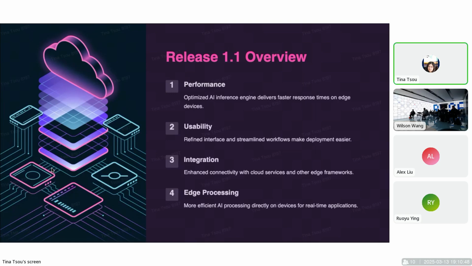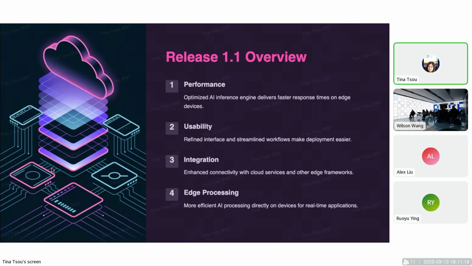On the usability front, we've refined the user experience to make the platform more intuitive and developer-friendly, so it's easier to deploy and manage AI at the edge. And for integration, we've expanded how InfiniEdge AI connects with other components and systems in the ecosystem, enabling more seamless data flow and interoperability.